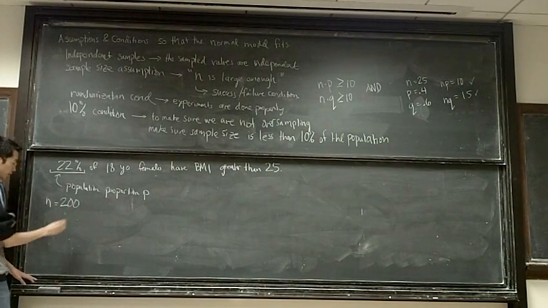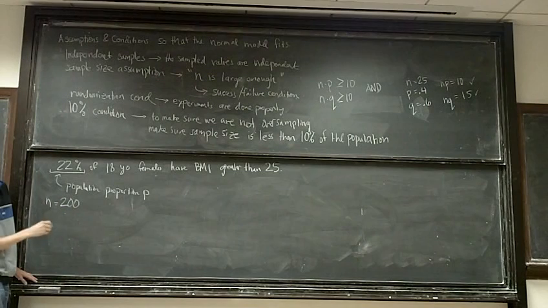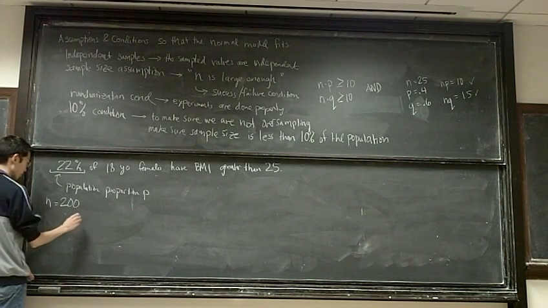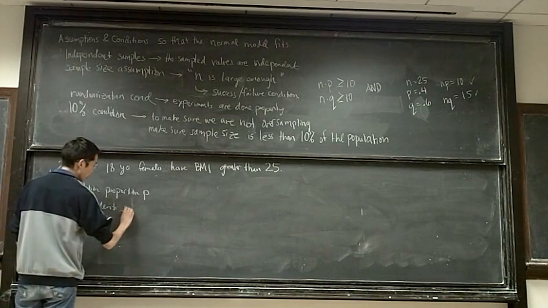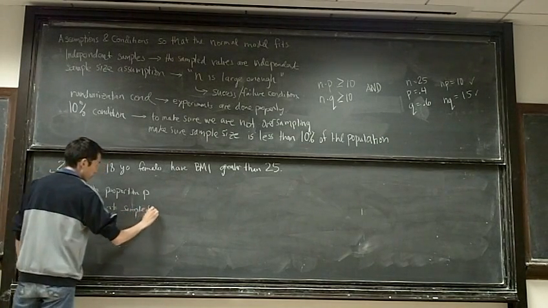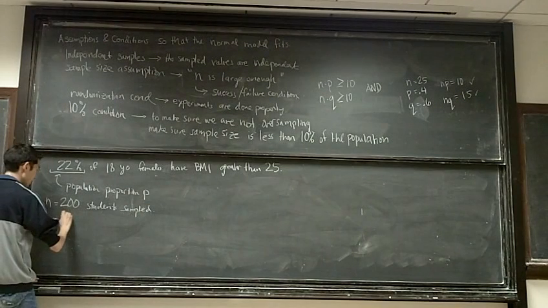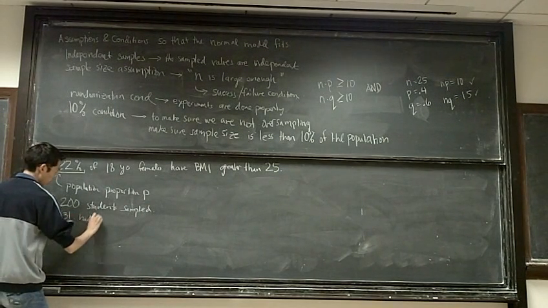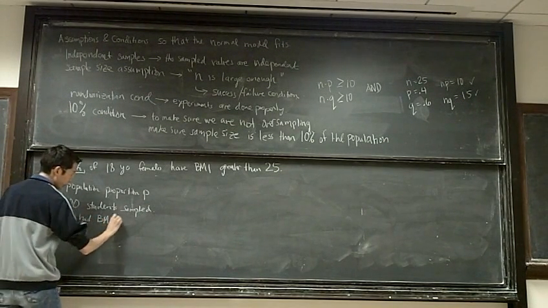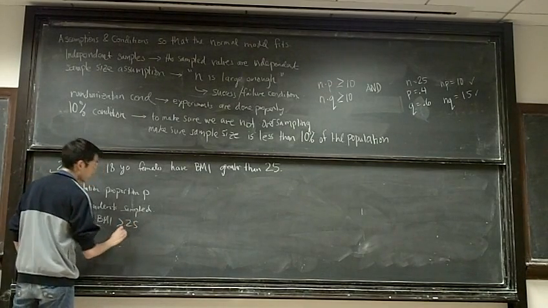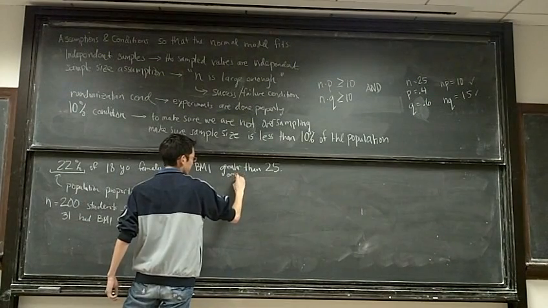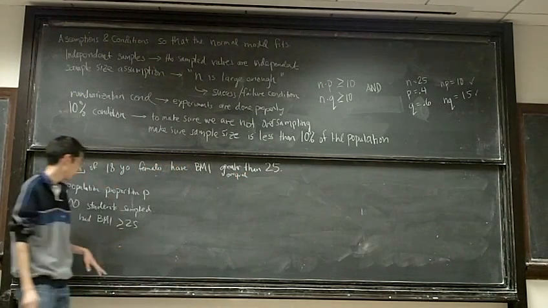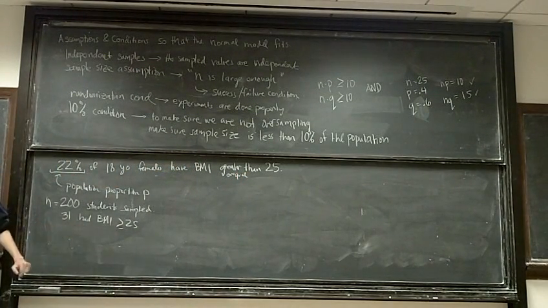We asked 200 students at a college, and of the 200 students sampled, 31 had BMI greater than or equal to 25.